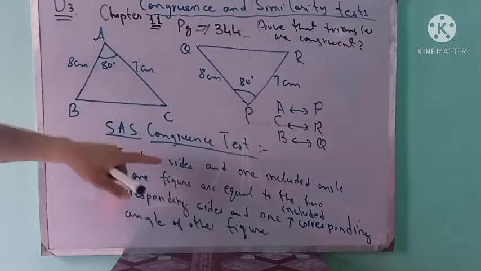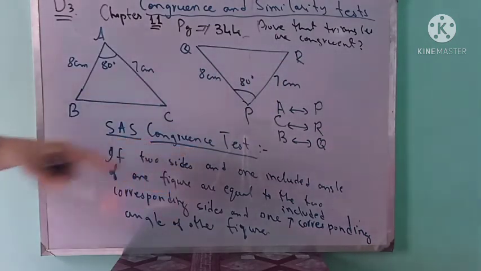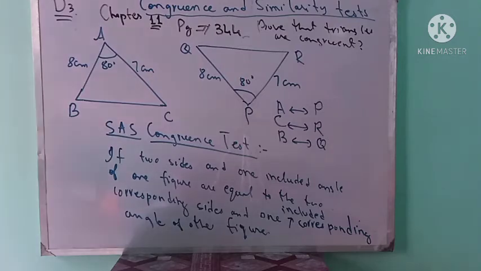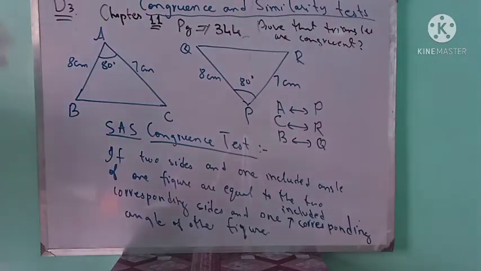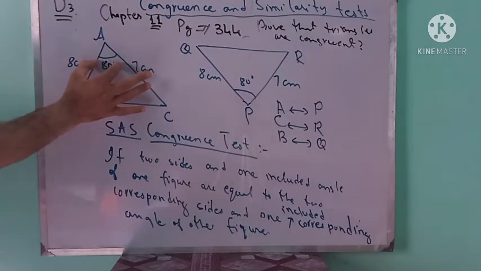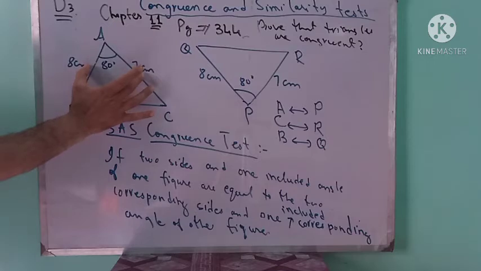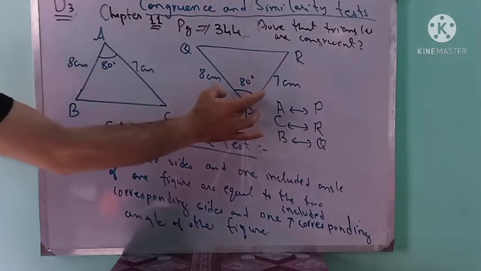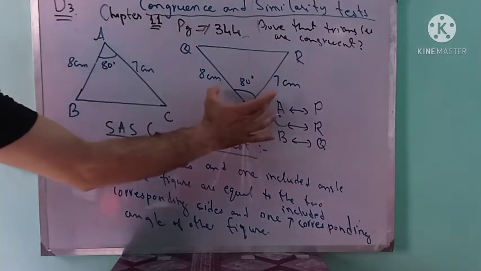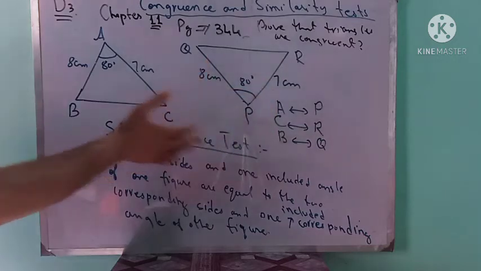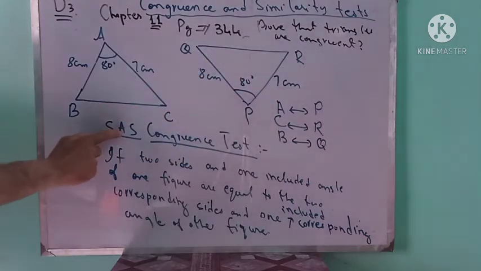So two corresponding sides are equal in both figures, and one included angle. What does it mean? It means that the angle should be between the two equal corresponding sides, right? So here 80 is between the two sides, and here also 80 is between the two corresponding equal sides. So in this test, A is in the middle. See very carefully, A is in the middle.